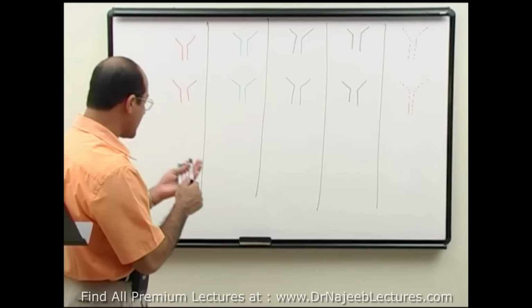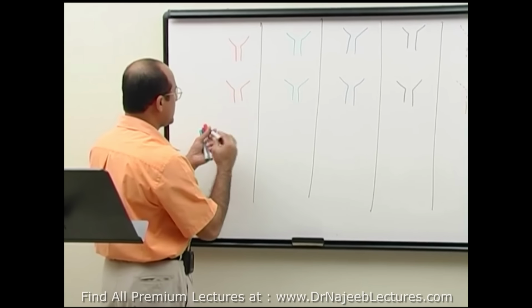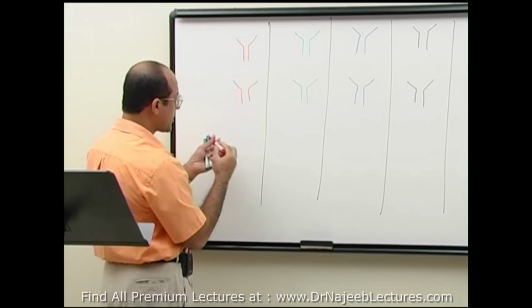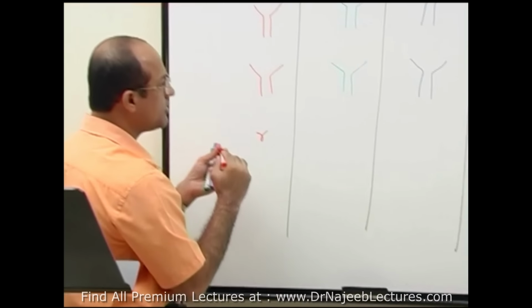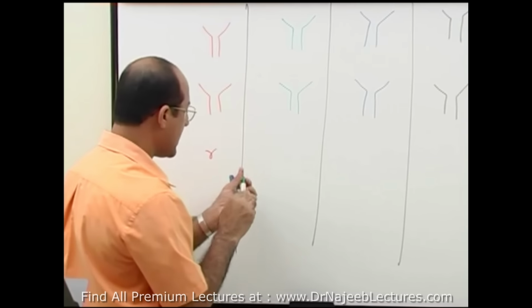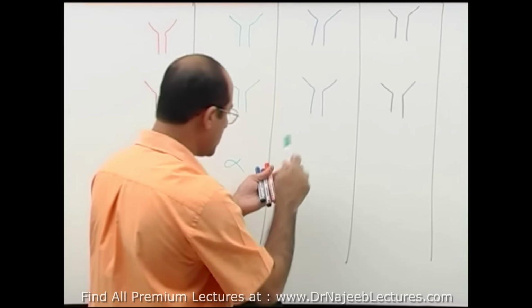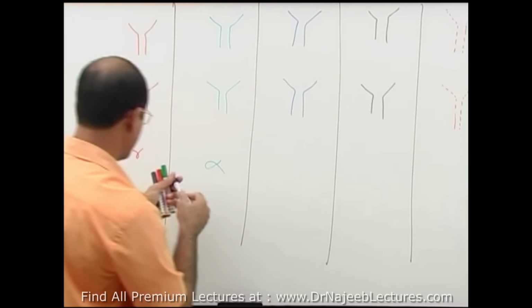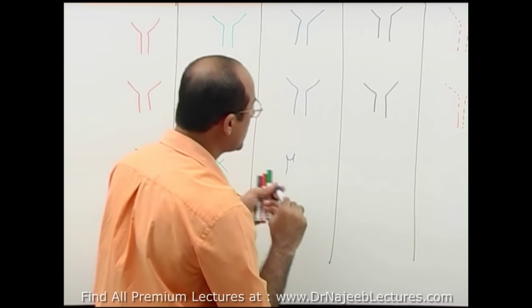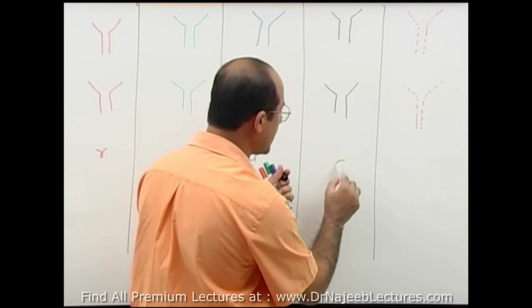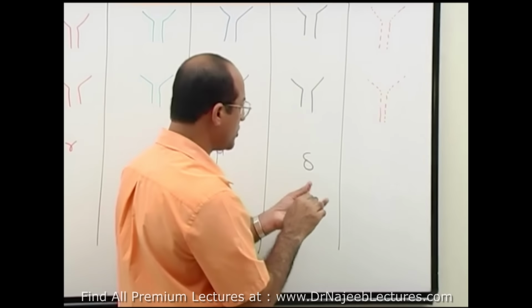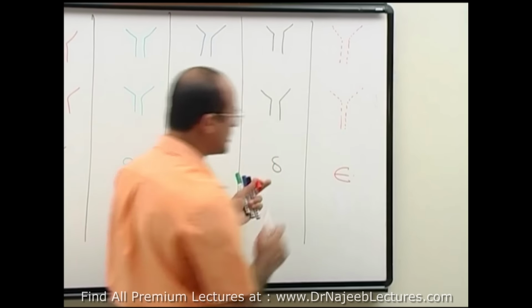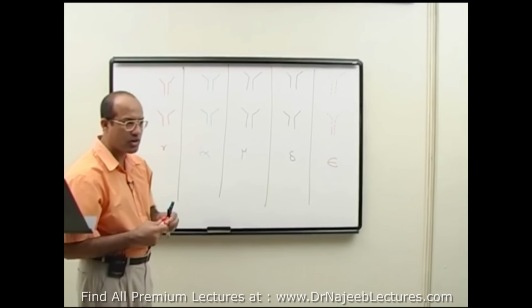Heavy chains are like, suppose this heavy chain is called gamma chain, this heavy chain is called alpha chain, suppose this heavy chain is called mu chain, this heavy chain is called delta chain, and suppose this heavy chain is called epsilon chain.